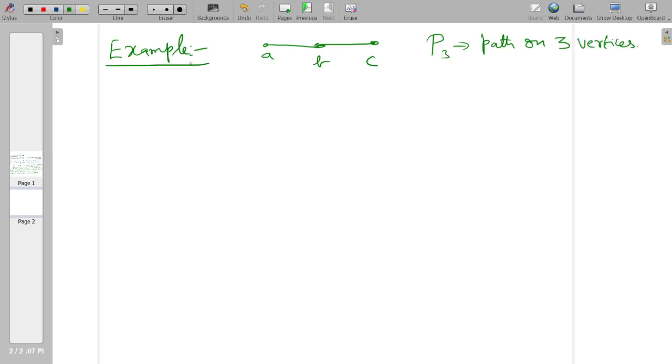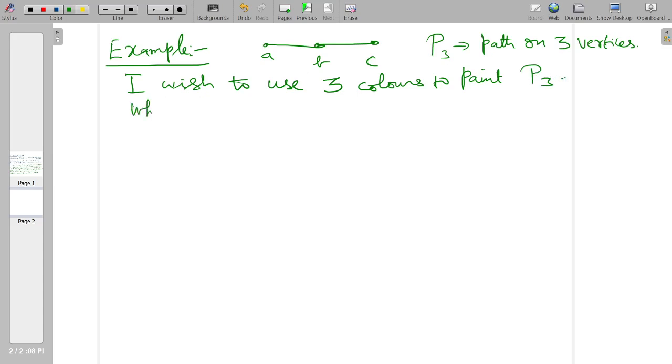Suppose I wish to use 3 colors to paint P3. What will be the number of different colorings?